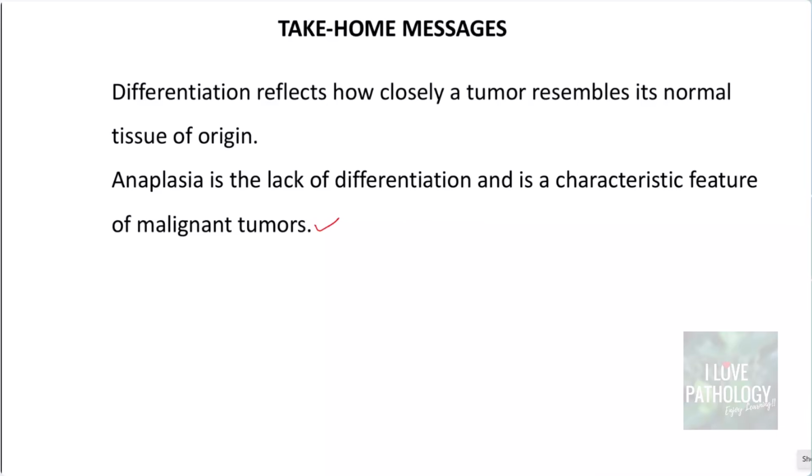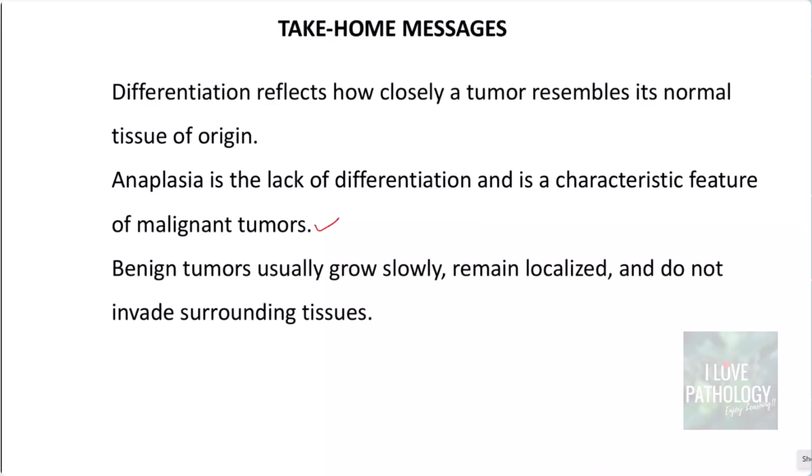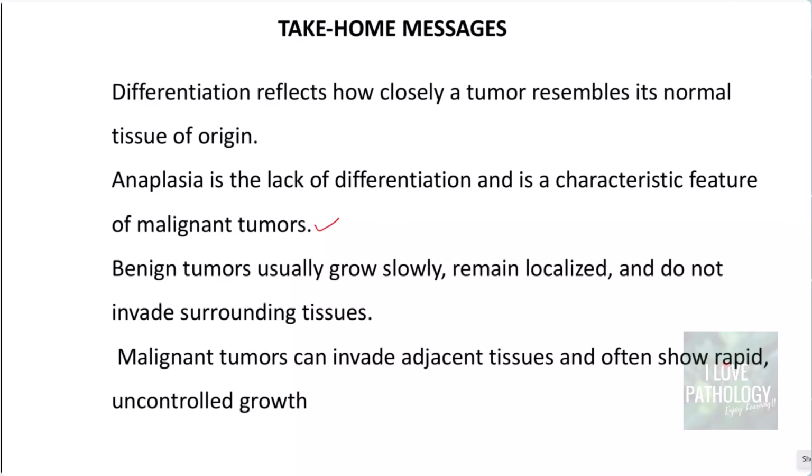If they are well differentiated, the malignancy is defined by its invasiveness and the metastatic potential. The third one, benign tumors usually grow slowly, they remain localized, and they do not invade into the surrounding tissues. And lastly, malignant tumors, by and large, invade into adjacent tissues, and they often show rapid uncontrolled growth, and they can also go into distant sites, and that is called metastasis.